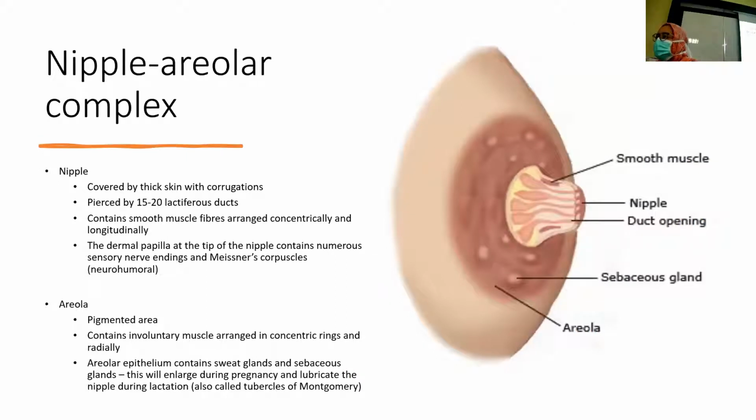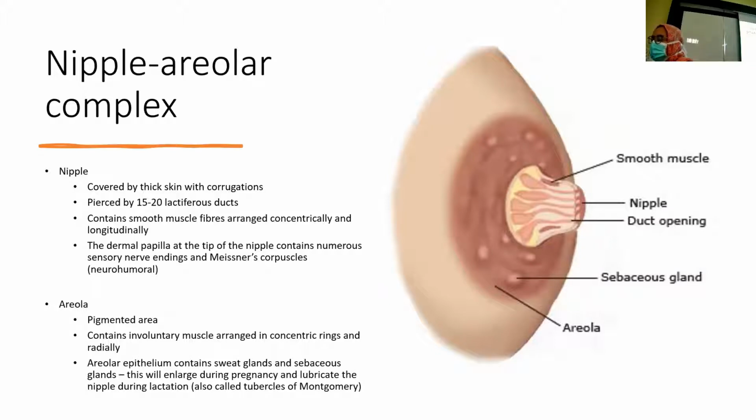Moving on to the nipple areolar complex. It's covered by thick skin with corrugations, and you've got about 15 to 20 lactiferous ducts passing through. The nipple and areola contain smooth involuntary muscle arranged in concentric and longitudinal form, so it can erect.